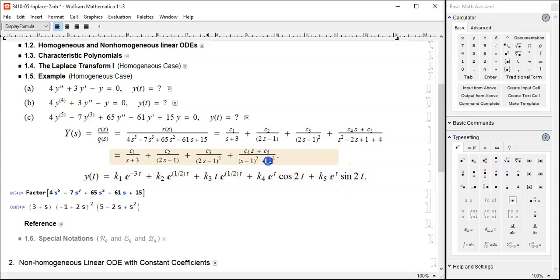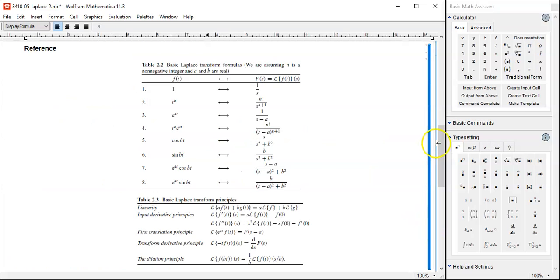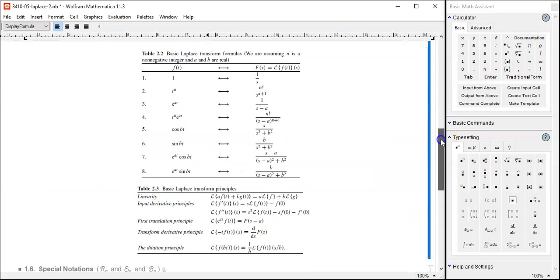So this is 2 squared, so we have cosine of 2t, sine of 2t, and then minus 1, so we have e to the 1t there. Go to this reference here, or you can go to our textbook, page 123 if I remember correctly, and check those out.